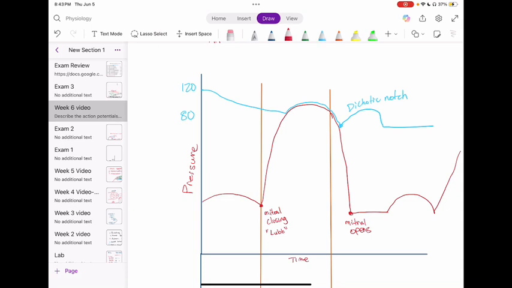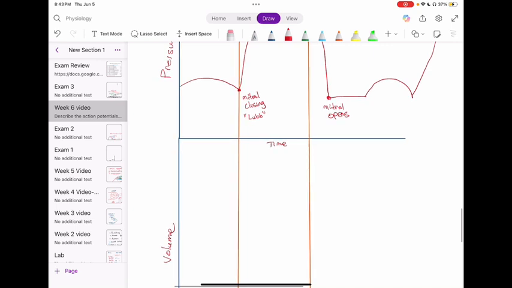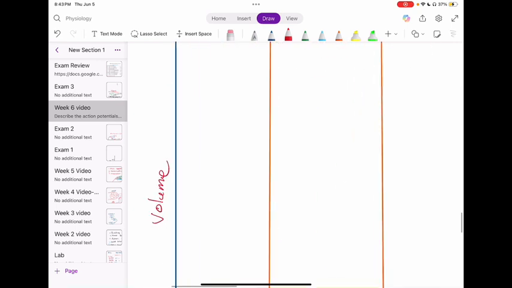And at this point right here, this makes the dub sound. This is the sound of the semilunar valve closing.